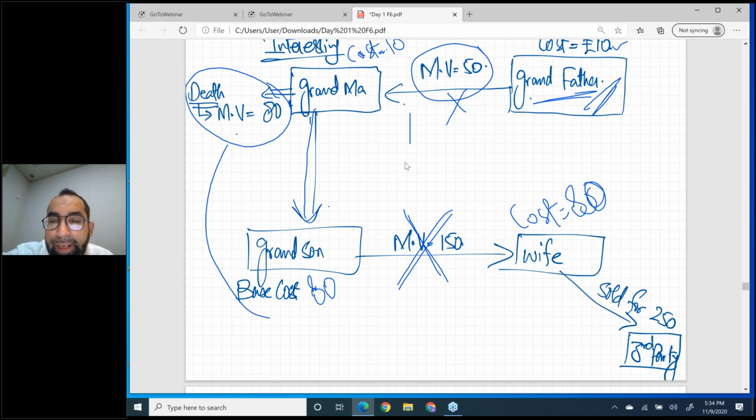The examiner says that wife sold the asset, she got the asset from her husband, and that grandson inherited this asset from grandma. Reverse story is difficult. Right now I told you the story in a very easy form, so don't expect the same easy format in exam. Plus I taught you with the sketch. In the exam you won't get any sketch, you will get a word problem type question. So be very careful with the exam.